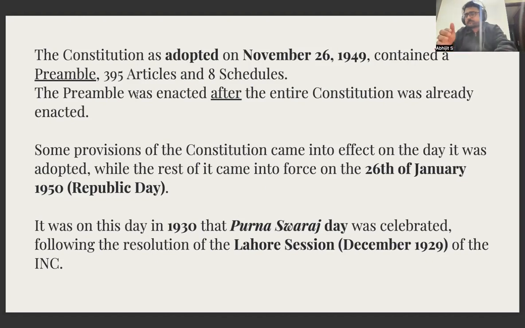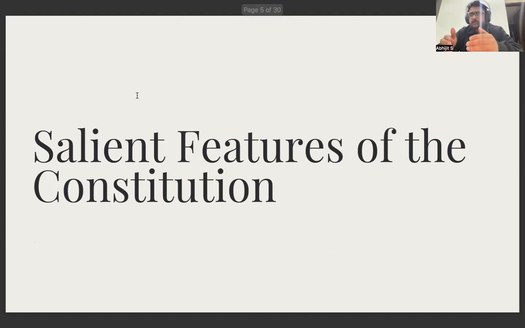Now that we've discussed what the Constitution is, or what is the relevance of the Constitution, what is the relationship between the Constitution and the Indian state, and we've also discussed a brief history into the making of the Constitution, let's discuss certain salient features with respect to the Indian Constitution in particular.